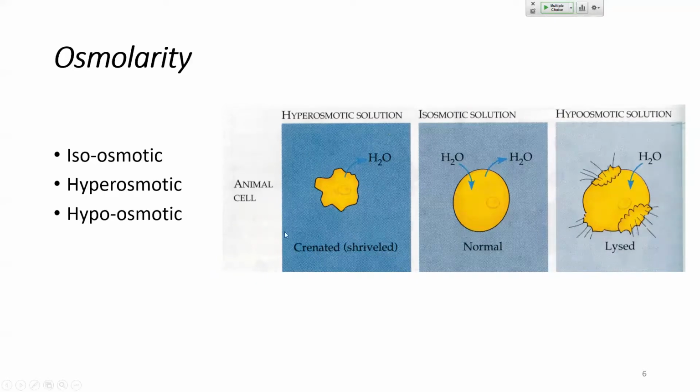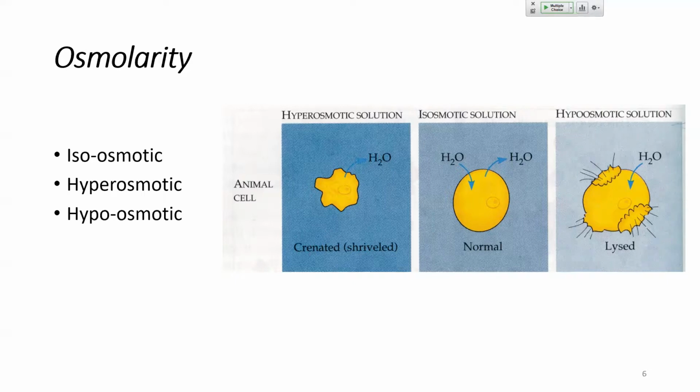In the case of one of our cells being immersed in a hyperosmotic solution, the solute concentration in the solution outside is much more than the concentration of solutes inside the cell. And so what we have is now a water gradient. So where will water move in the case of a hyperosmotic solution? Where will water want to move?